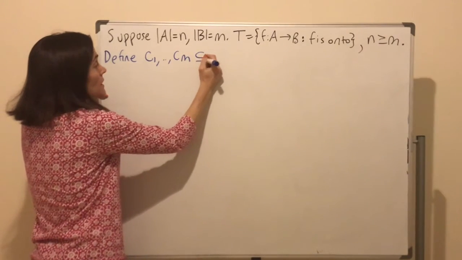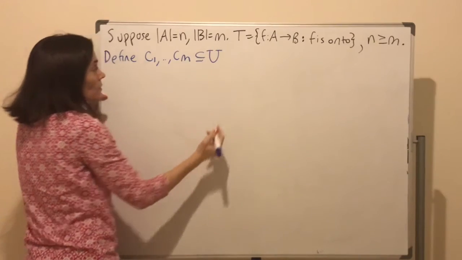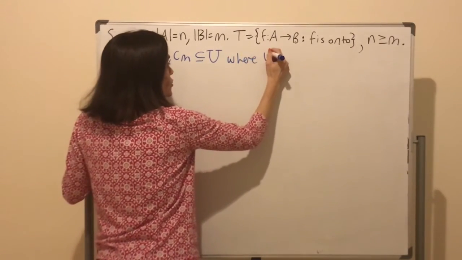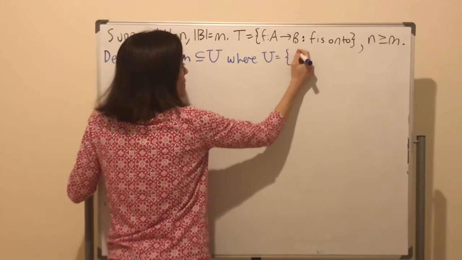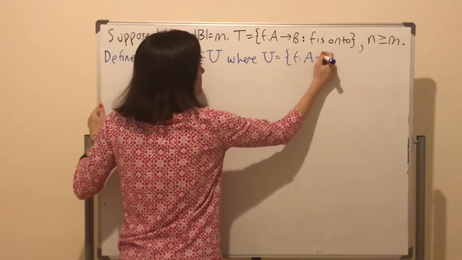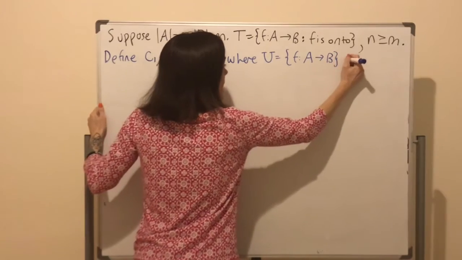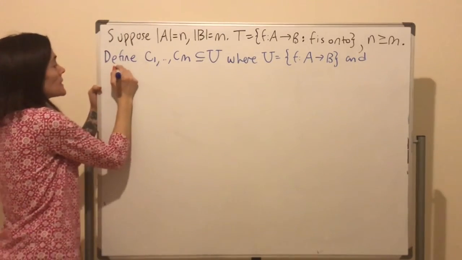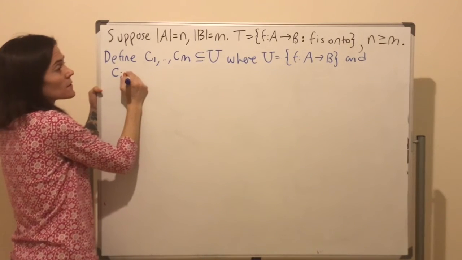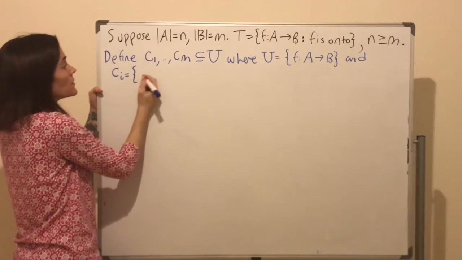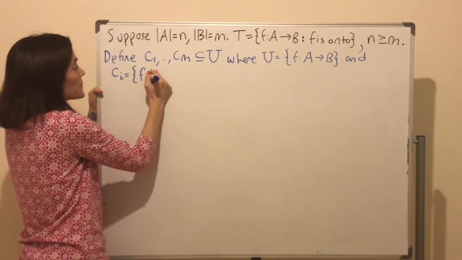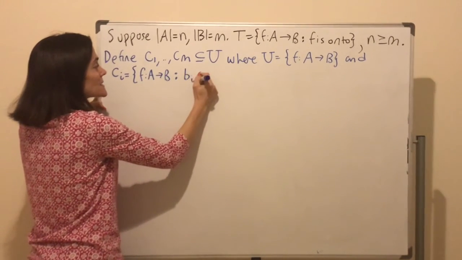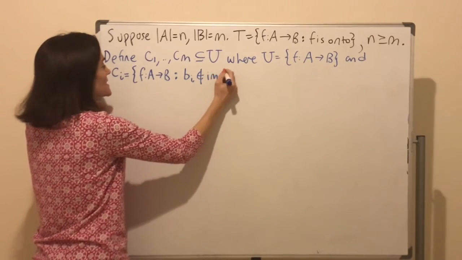These are all inside U, where U is all functions from A to B, and let's say Ci is all functions from A to B such that Bi is not in the image of f.